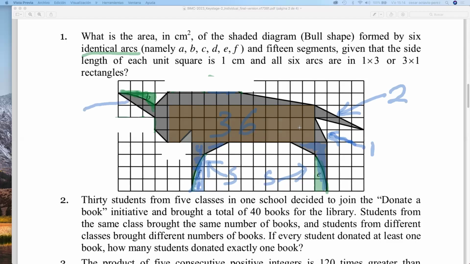And the area of this triangle will be 3. Here we have 1, 2, 3, another 3. Here we have 1, 2, 3, 4, 5, 6. And the area of this triangle will be 1 times 6 divided by 2. We will have 3 here.